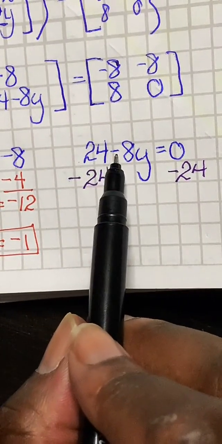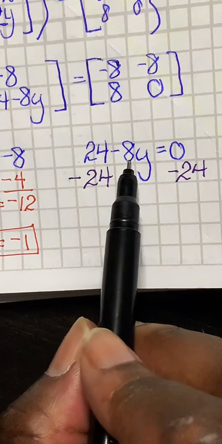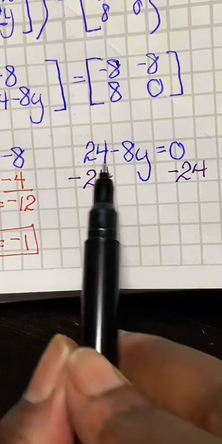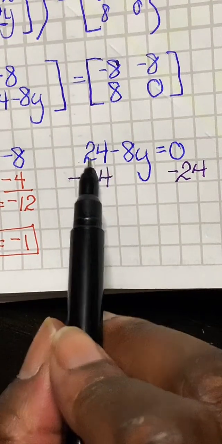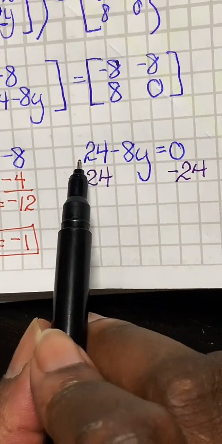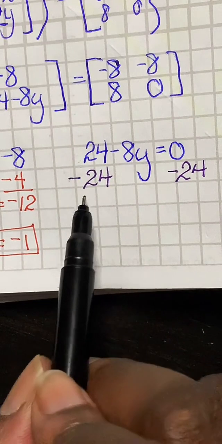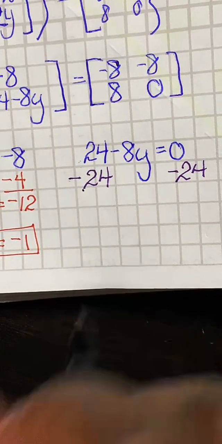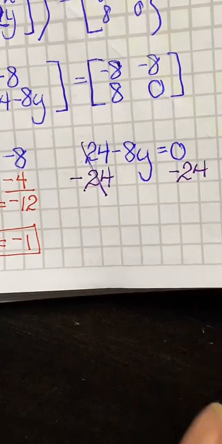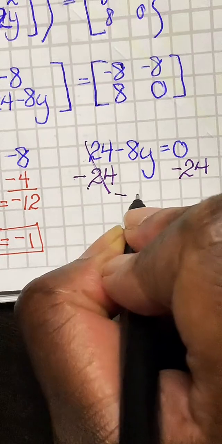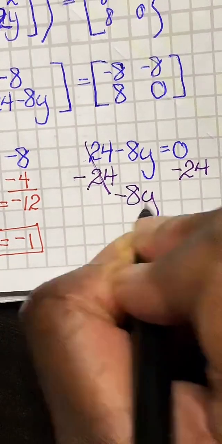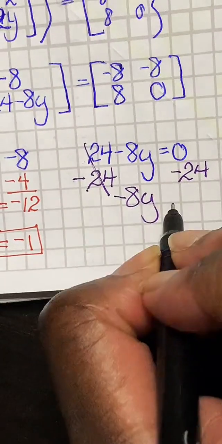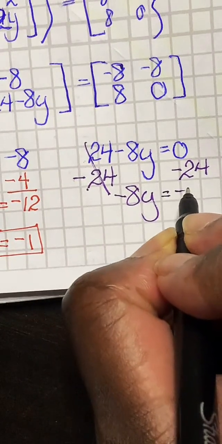This minus sign is with the 8y. So in order for me to move this 24, it's originally a positive 24, so I have to do the opposite. I have to subtract the 24. So now I have negative 8y. Don't forget to bring that down, equals negative 24.